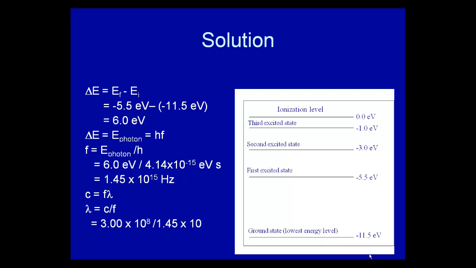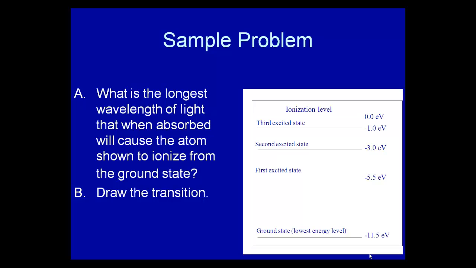Lambda is equal to c divided by f. I get 210 nanometers. The only difference is that's rounded off more than the other value. It's still equal to what the initial value was. So that's another way to do it. Remember, the hc over lambda is just a shortcut equation that combines E equals hf and c equals f lambda. And there's again a picture of it.